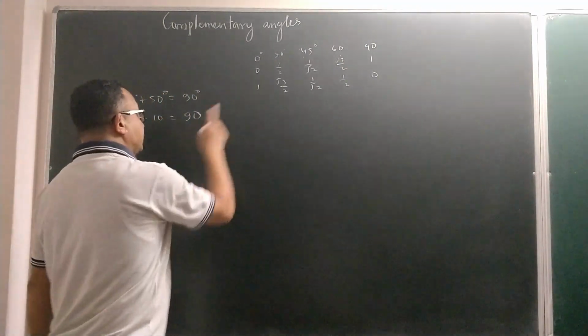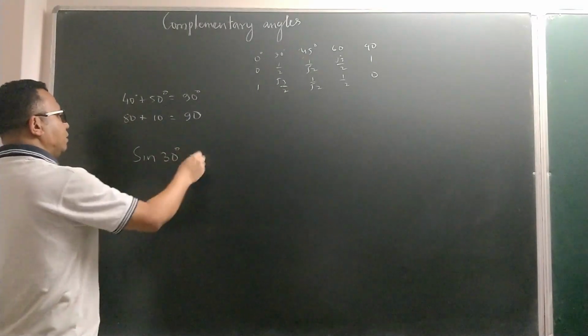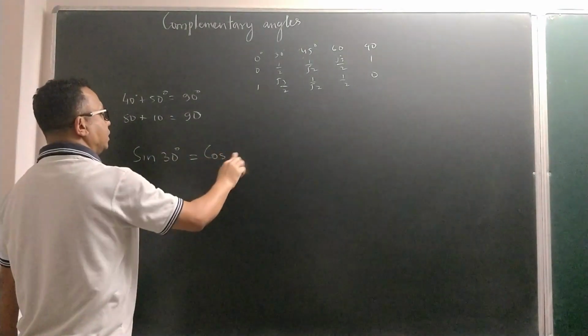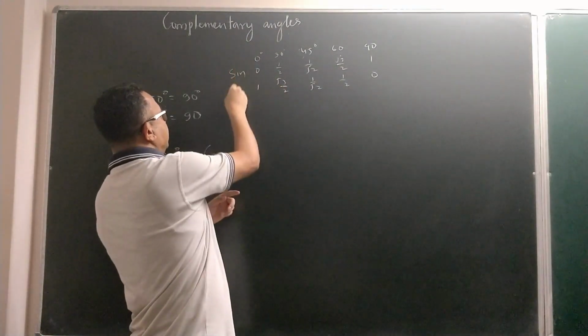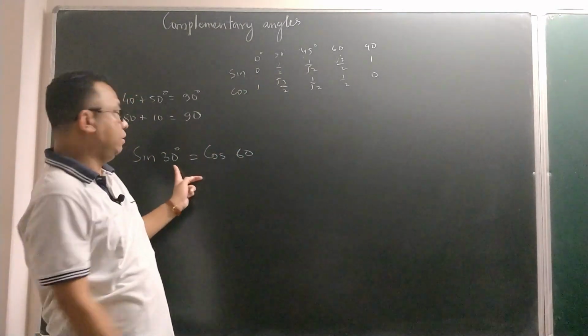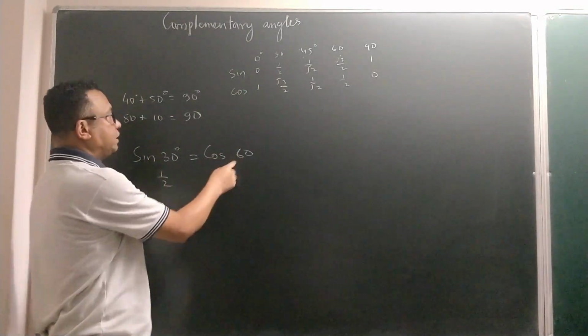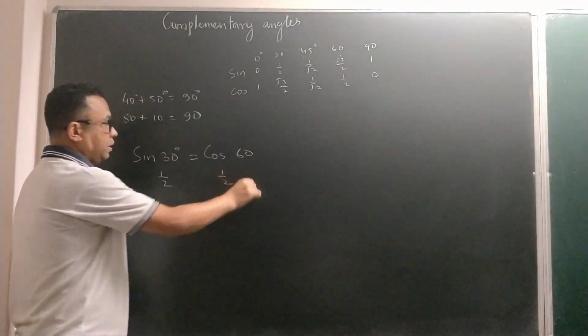Now what you can see is, what is sine 30 degree? Same is the value of cos 60 degree. Check the value. If this is the value for sine, the second line is the value for cos. Sine 30 value is half, and cos 60 value is also half.